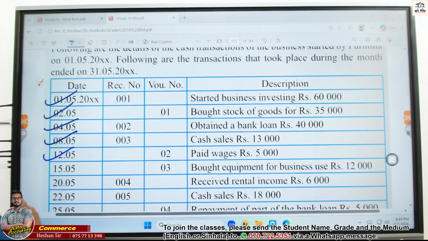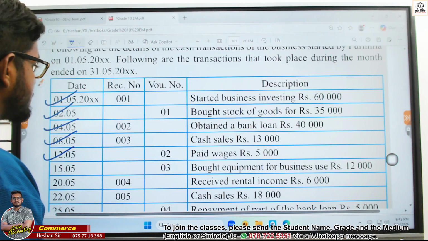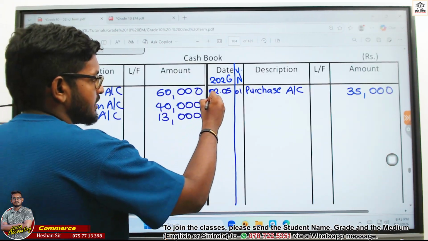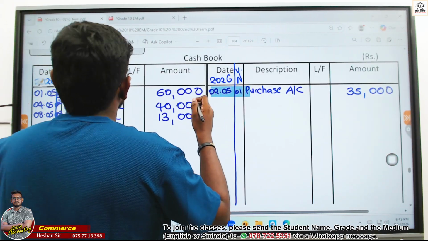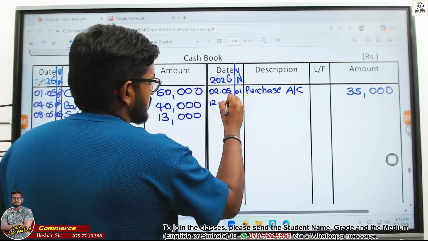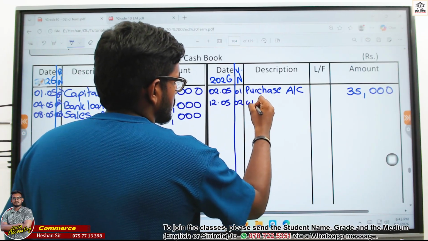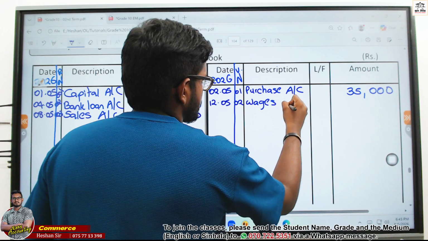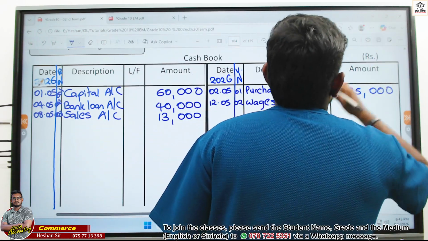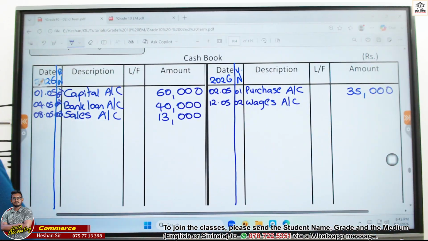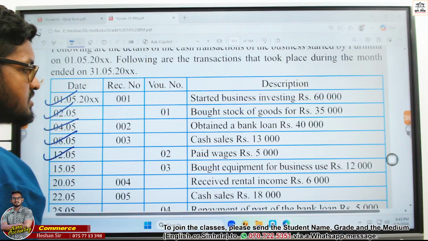12th of May. Paid wages 5,000. Receipt 02. Wages account. We have paid the wages. You can see here we have paid the wages 5,000.